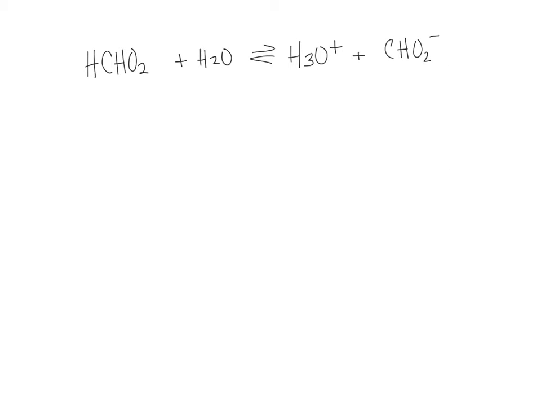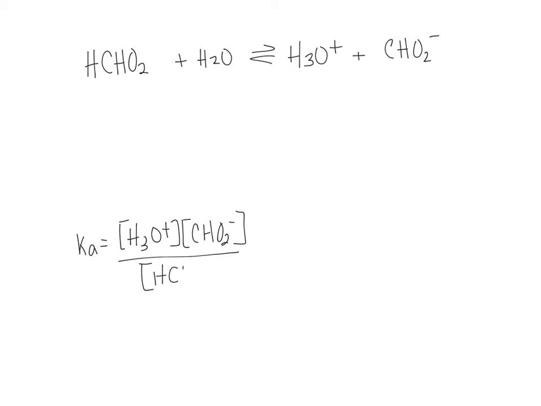So setting up our Ka expression, we would have hydronium ion times your conjugate base all over your acid. So in order to solve for our Ka, we're going to need some information. Yep, we're going to need an ice table.